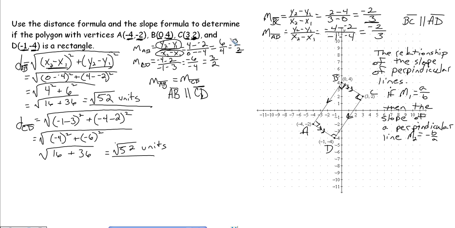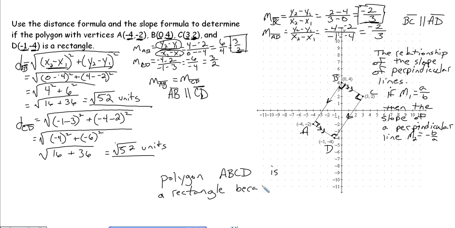The opposite reciprocal, so these lines are indeed perpendicular, so they do form 90-degree angles, and therefore polygon ABCD is a rectangle, because all angles are 90 degrees, or right angles, and opposite sides are parallel.